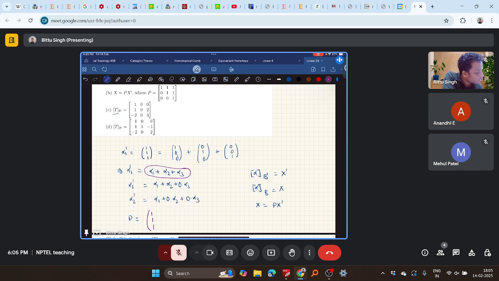Similarly, the coefficients of the second vector alpha 2 dash are 1 1 0. So we put 1 1 0 in the second column.